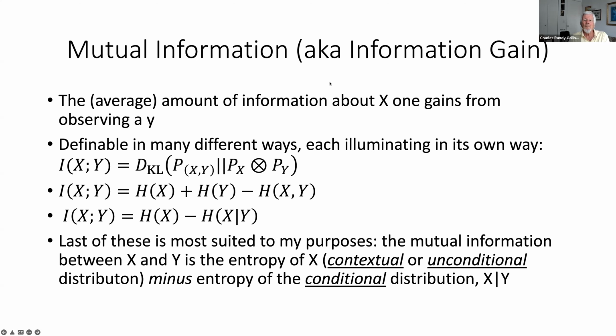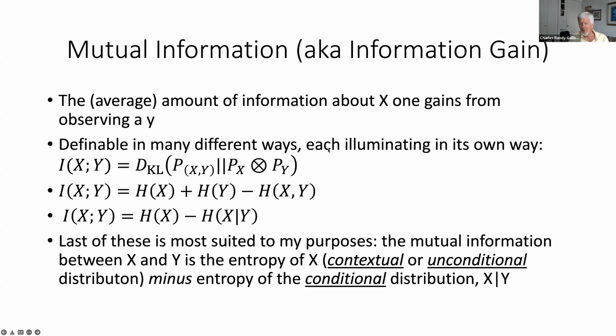Okay, the mutual information, which is often just called the information, also called the information gain, is the average amount of information about X that one gains from observing a Y, right? So it arises when two variables are not independent, right?